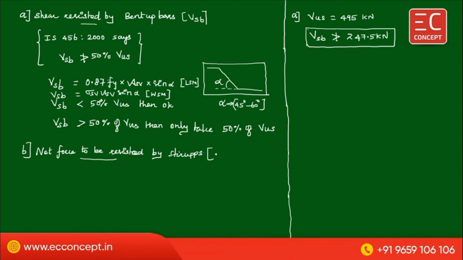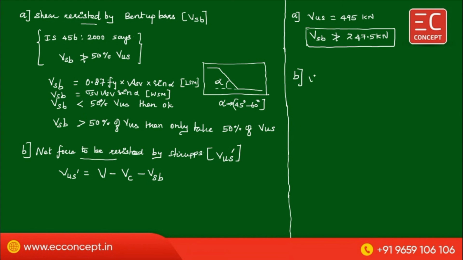Let us take VUS dash. What is VUS dash? What is the net force? Total V minus shear resisted by concrete minus shear resisted by bent up bars, VSB.